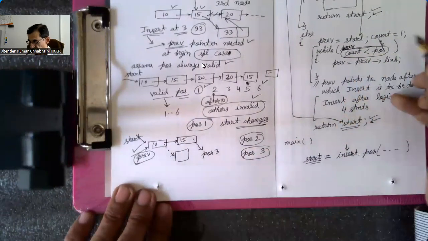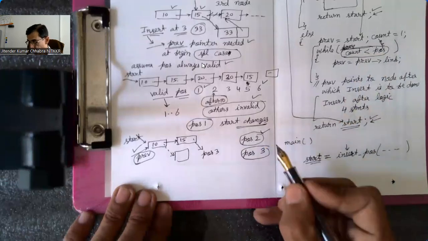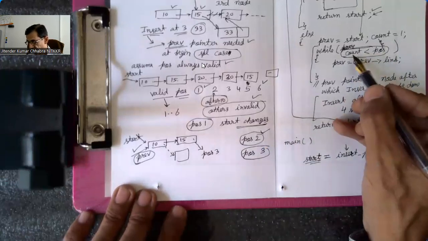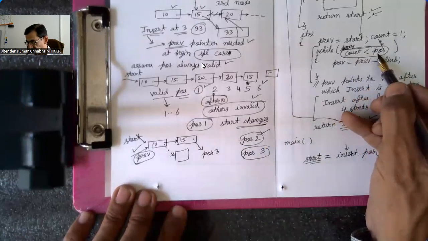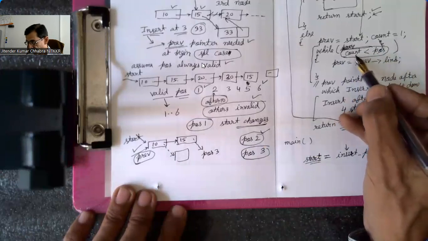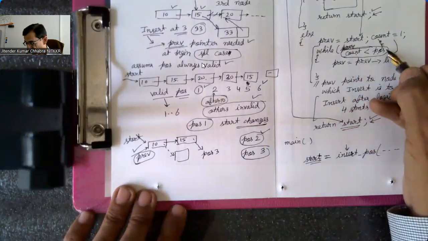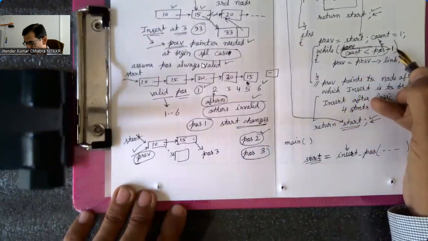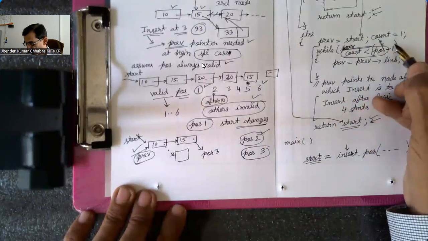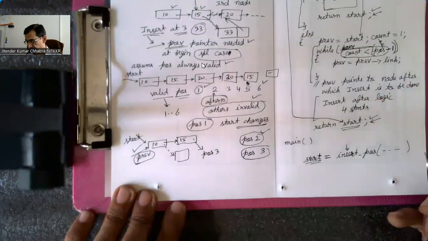First time count is 1. Let's say position 2, no shifting was needed. If I write while count less than position, condition is correct, 1 less than 2, it will go inside and previous shifted. I don't want that. So maybe I will say while count less than position minus 1 can be probably correct.